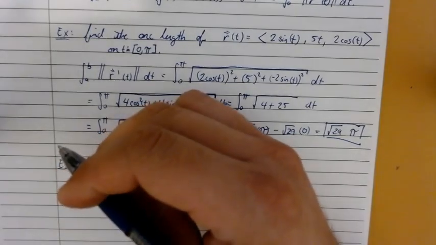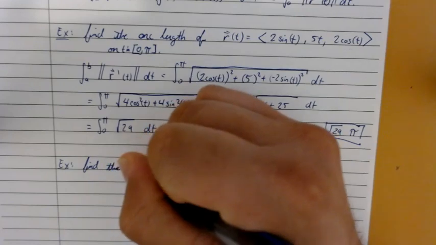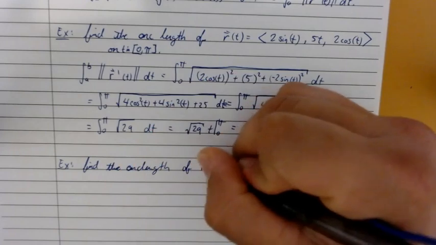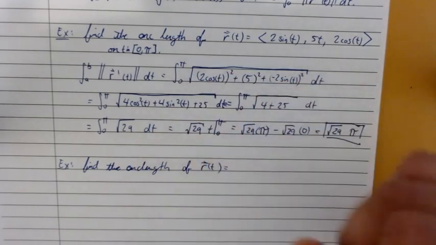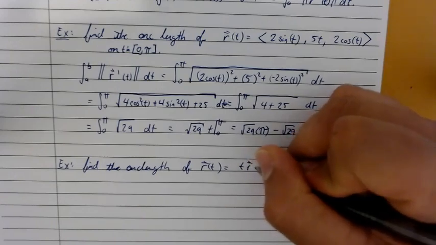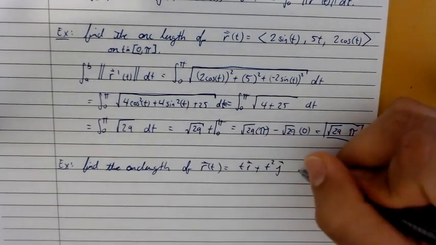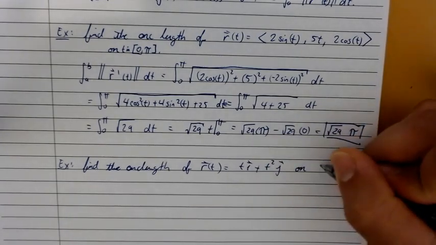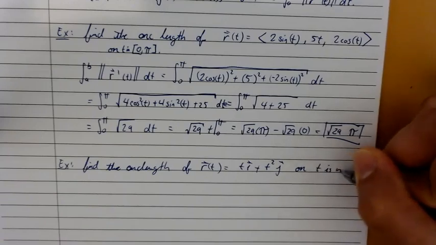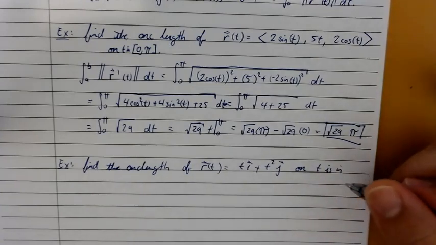Find the arc length of r of t equals t i plus t squared j on the interval where t is in the interval from 0 to 4.